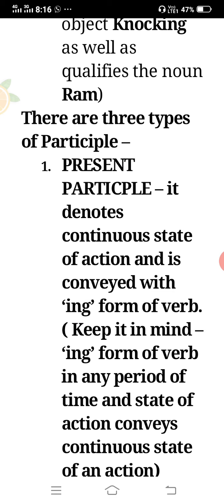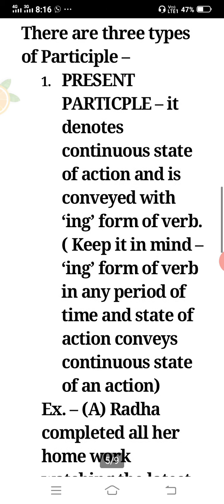Action is going on and is denoted by adding ing to the first form of the verb. Whenever we are conveying present participle, put the ing form of the verb, and that denotes the continuous state of an action. So keep the key point in mind.